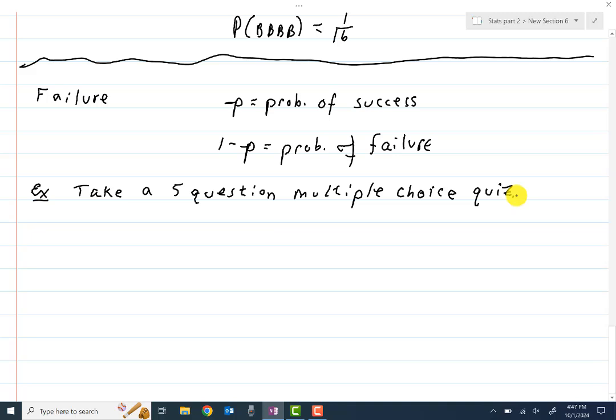Furthermore, each question has 4 choices, but only one correct response.